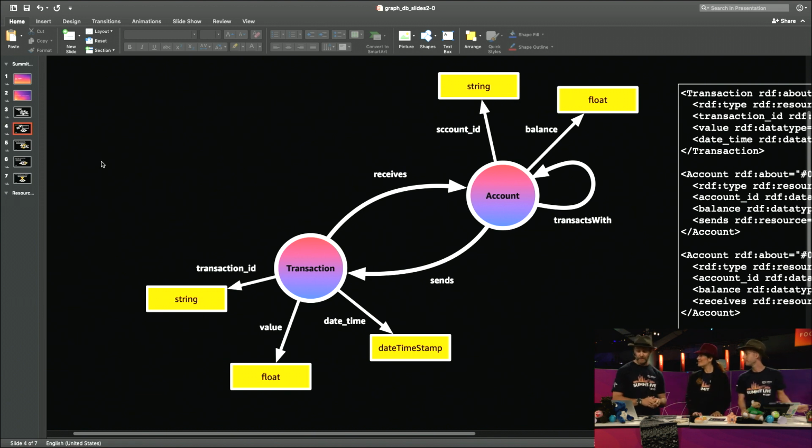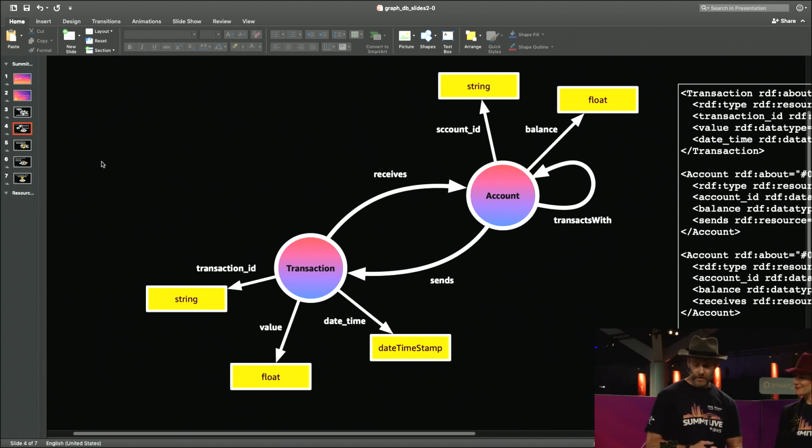So if we look at the schema of a semantic graph, we're still looking at transactions between accounts. But you'll notice now that transaction is actually a node in the graph alongside account. So this looks very different to the other one. Yeah, it's very different because we're only dealing with triples: subject, predicate, object.